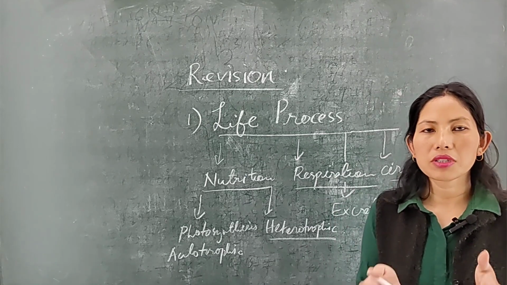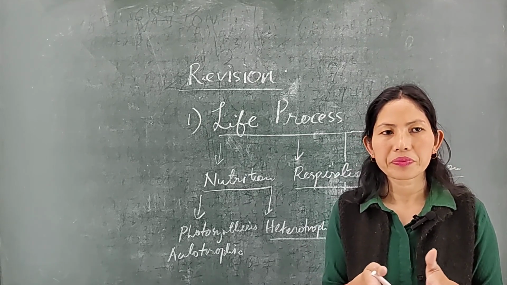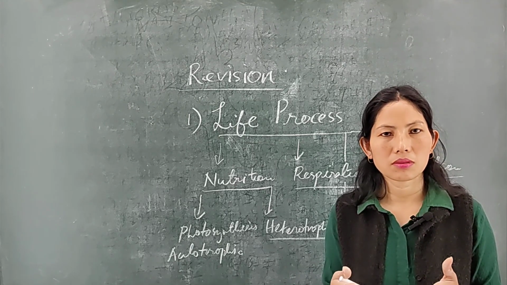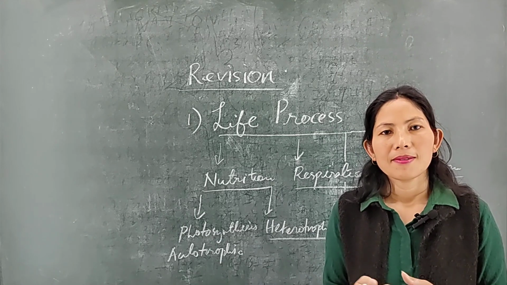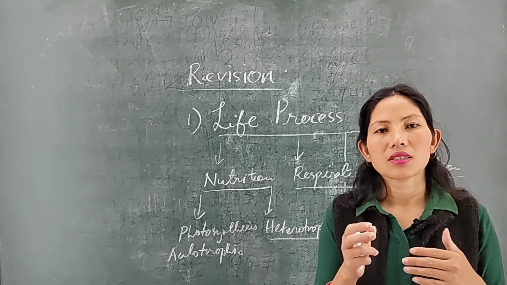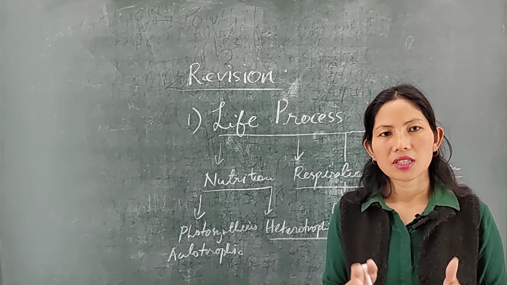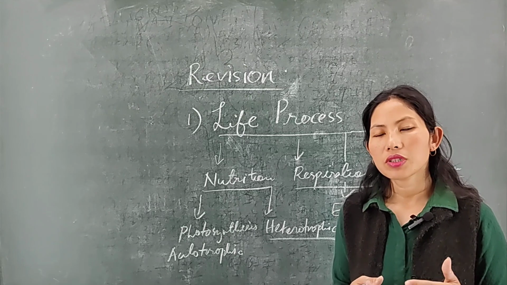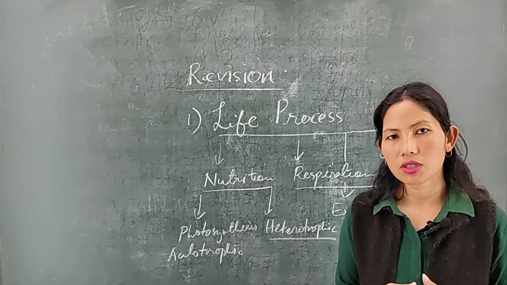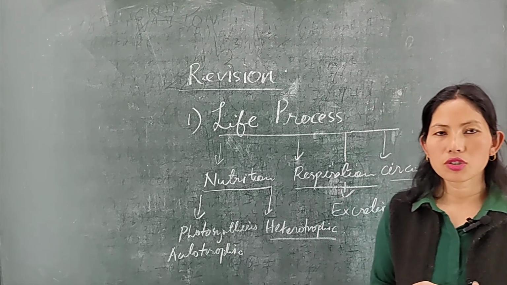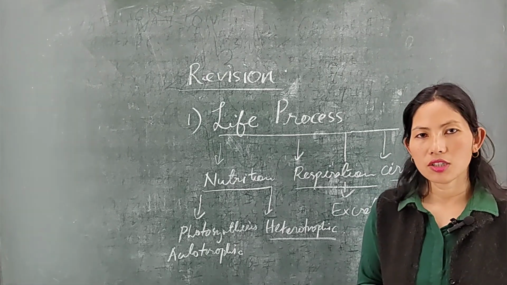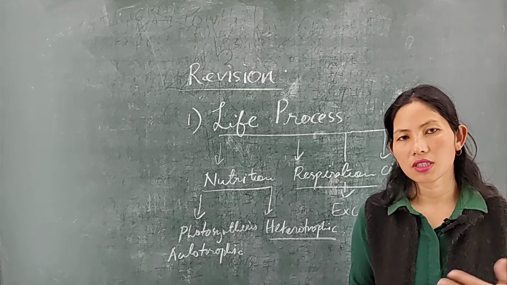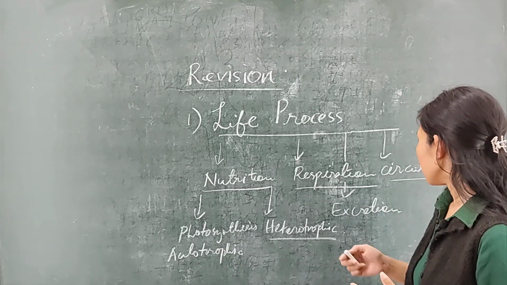Because our circulatory system is in such a way that in humans there is no mixing of oxygenated and deoxygenated blood. Due to this it is also known as double circulation. How double circulation occurs, you need to explain its mechanism. You need to learn it.